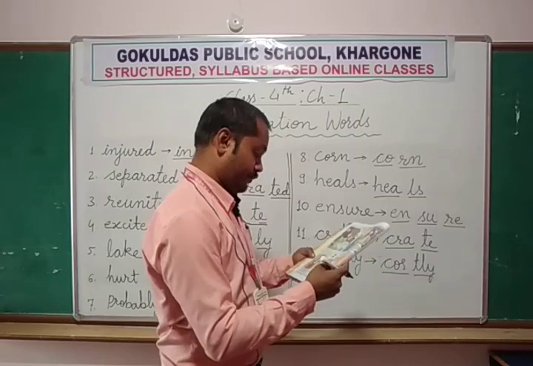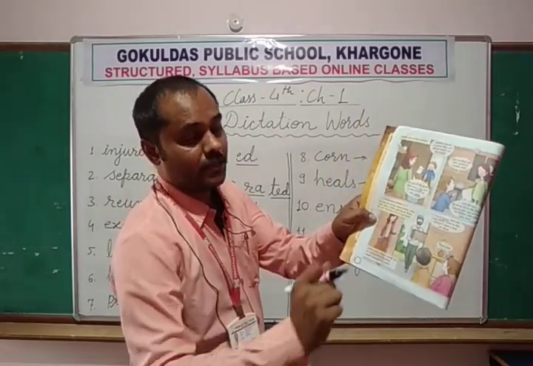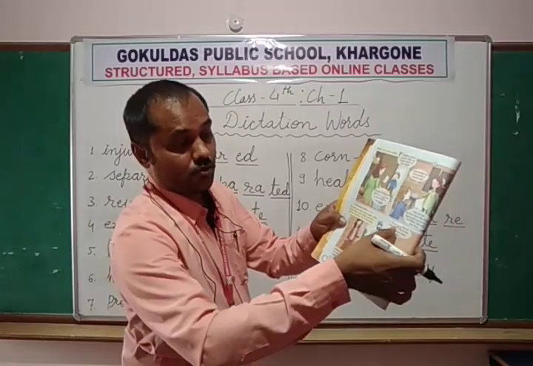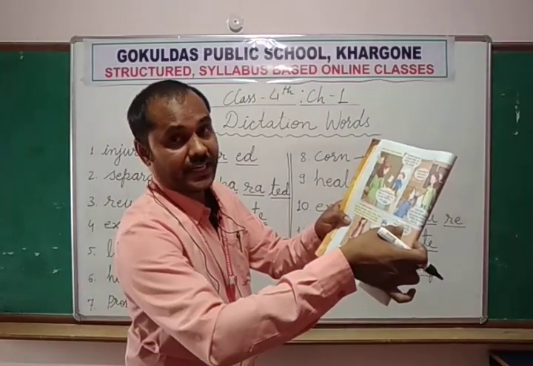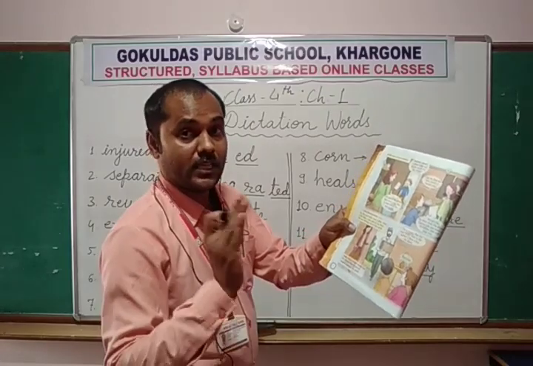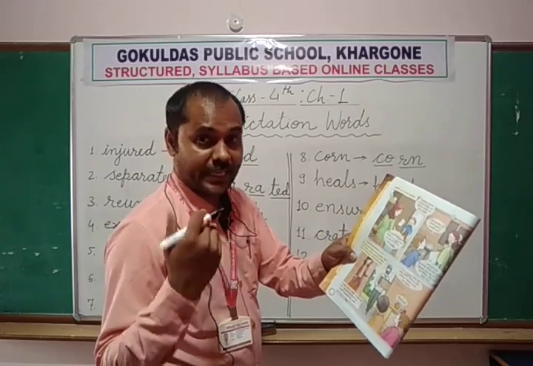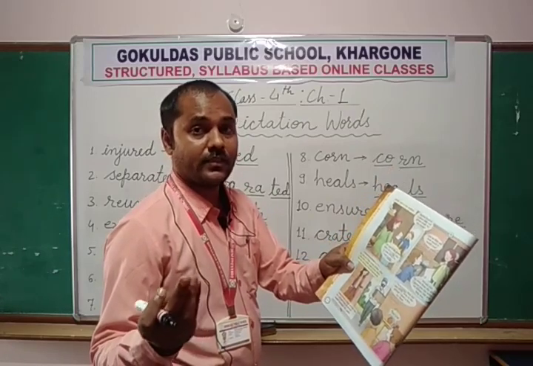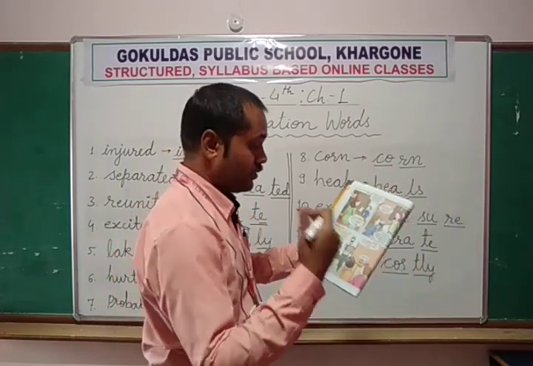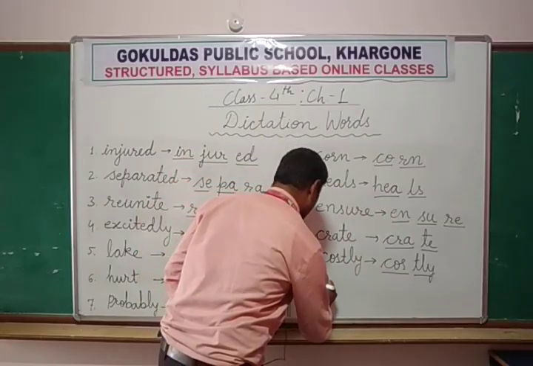Then come to picture number 10, where the ranger brings that crate. So here the word is ranger. That person is a ranger. Ranger means a keeper of a forest, where he takes care of the birds and the plants. Ranger is a post.